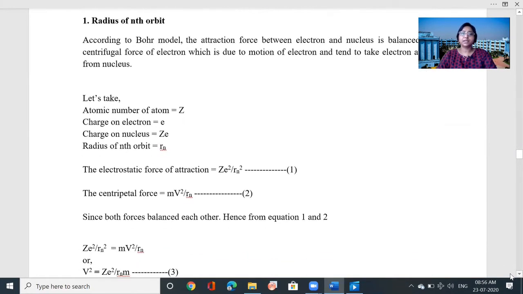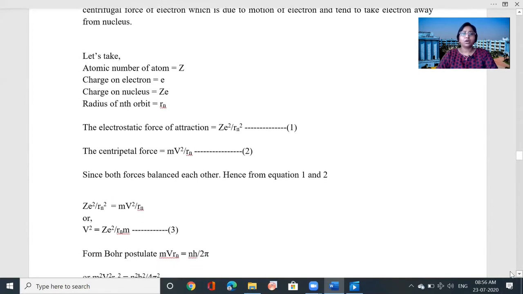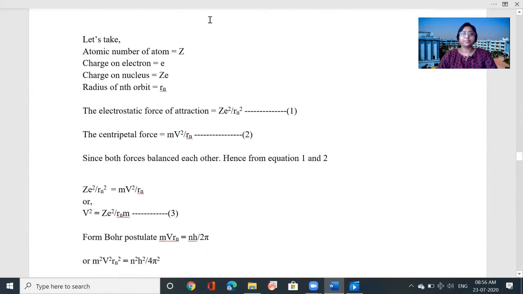So let's take the atomic number of the atom as Z. Next, the charge of the electron is e. So the charge of the nucleus will be Ze. The radius of the nth orbit will be rn.